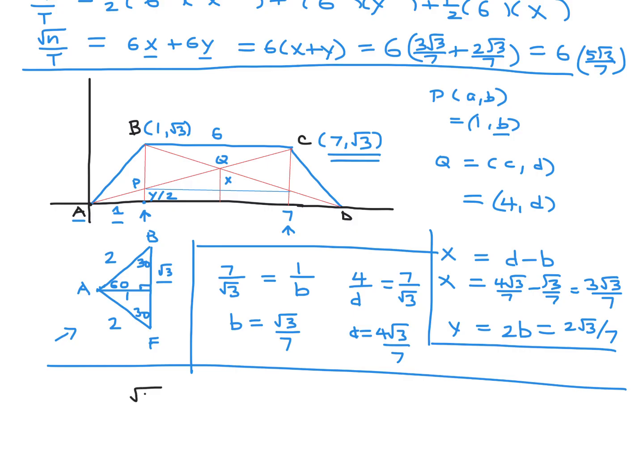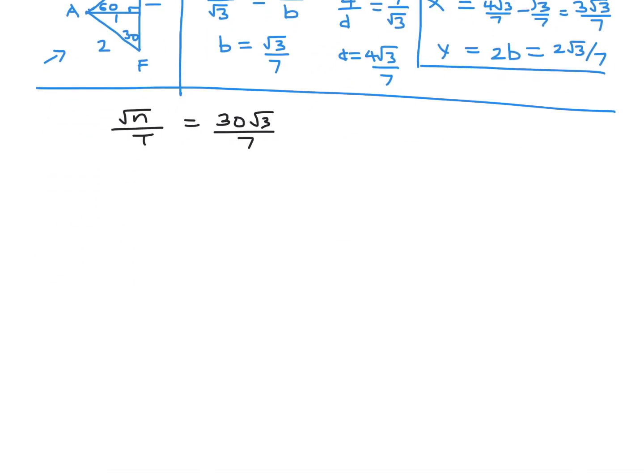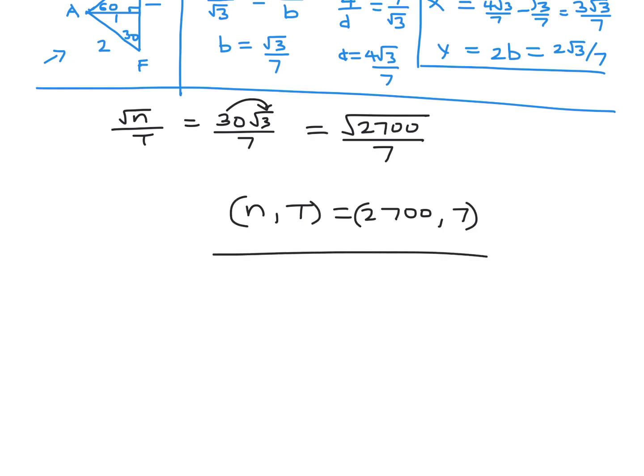So we have root n over t is 30 root 3 over 7, correct? Okay, well, if I bring this into the radical, I'd have to square it first, so 900 times 3, 2,700 under the square root sign over 7. So there you go. So n plus t is 2,707.